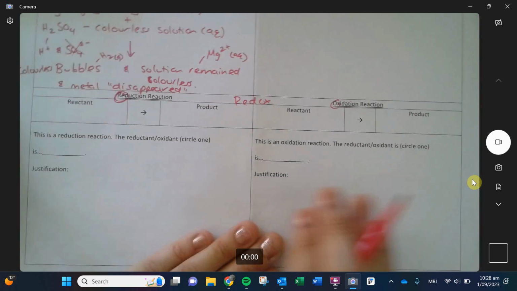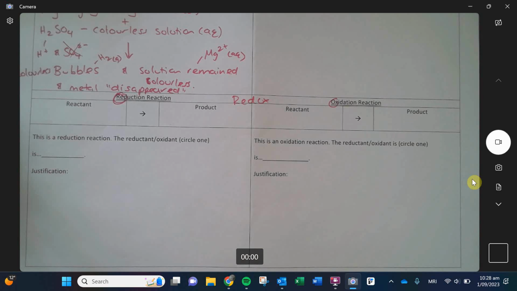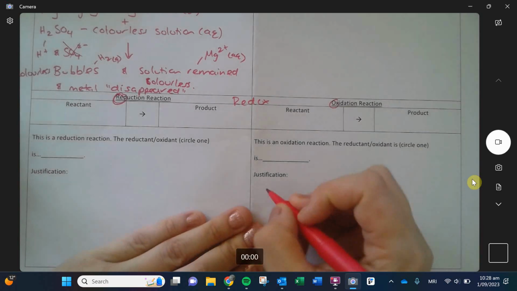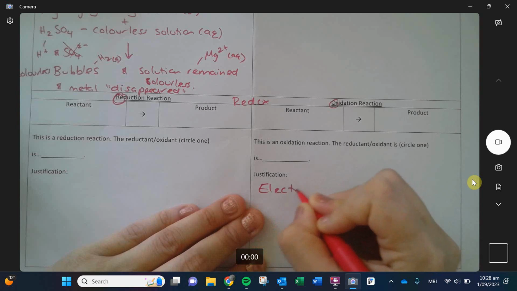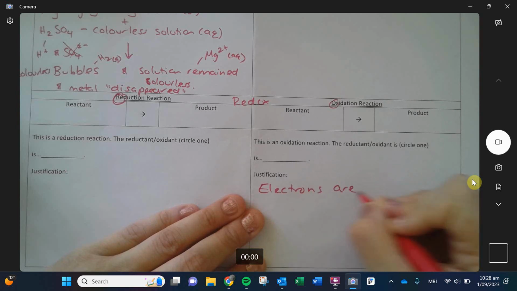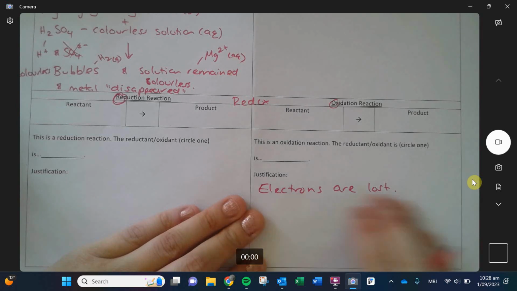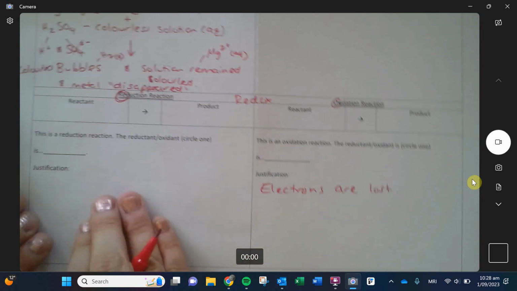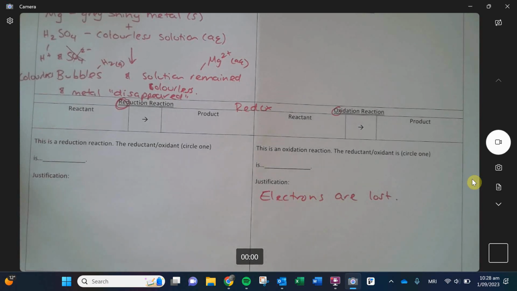All right. So let's write down that definition then. If I'm talking about an oxidation reaction, I'm saying that electrons have been lost. Since the electrons are leaving this half of the reaction, the other half of the reaction is gaining the electrons. So we should always have one half losing, one half gaining, because we can't create or destroy matter.